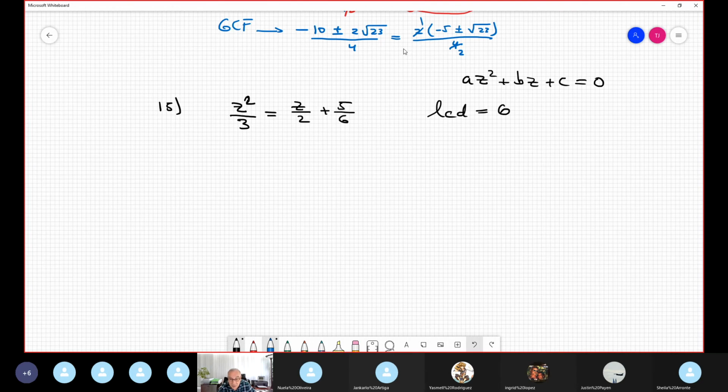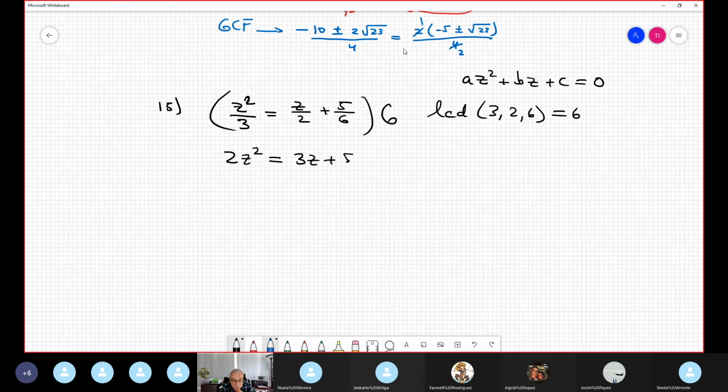The least common denominator between 3, 2, and 6 is 6. You multiply the equation by 6. Then 6 divided by 3 is 2c squared is equal to 3c plus 5.